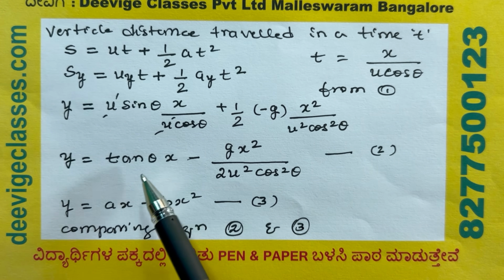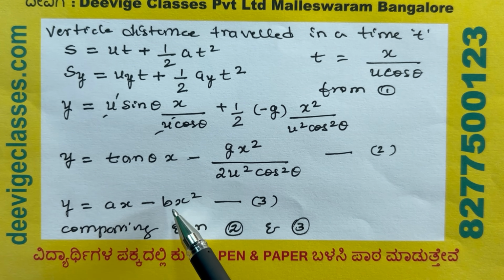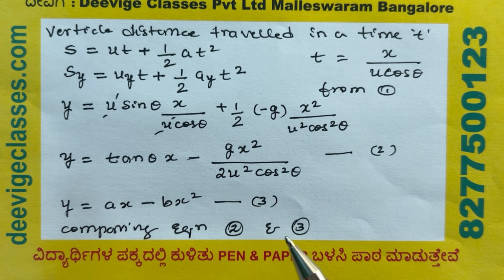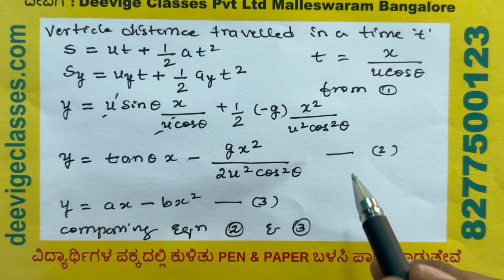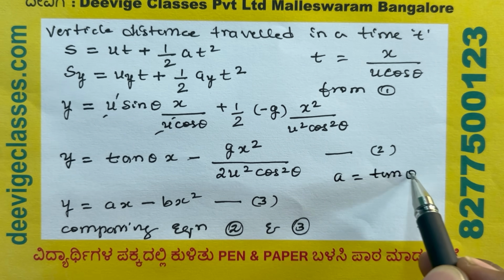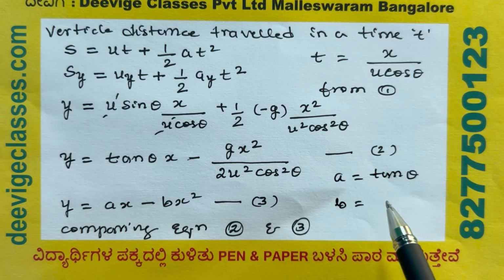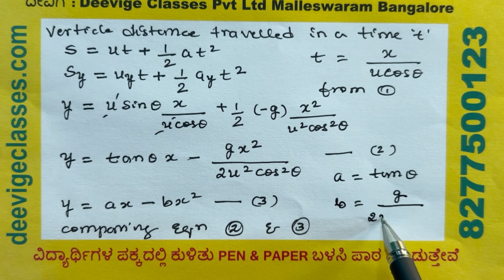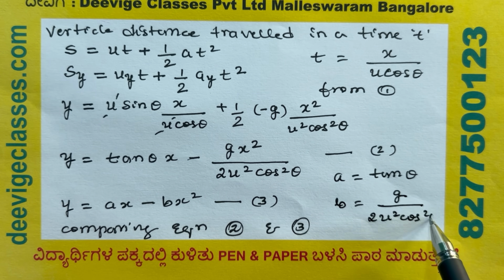In the place of a we have tan theta, and in the place of b we have g divided by 2 u square cos square theta, with x square also there. So a is equal to tan theta and b is equal to g divided by 2 u square cos square theta.